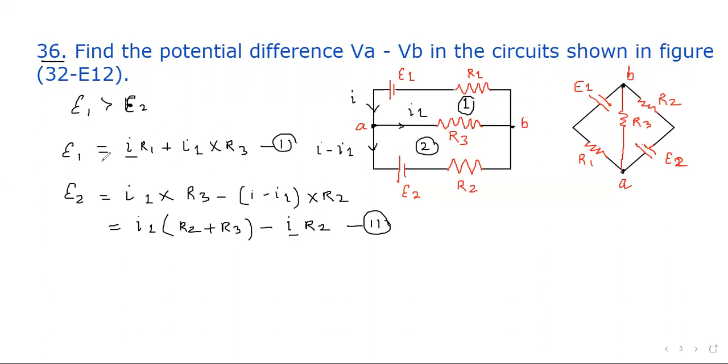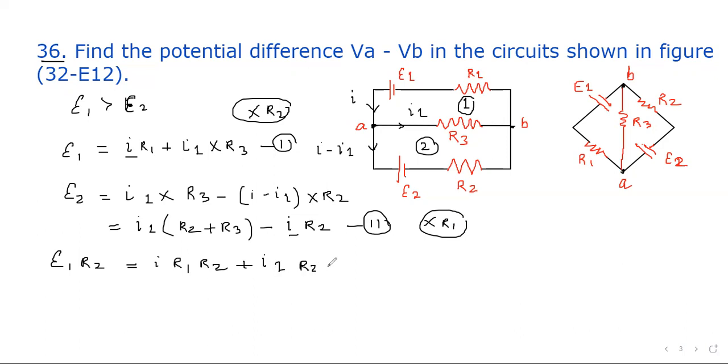We have to eliminate I from both equations. For this purpose, we multiply equation 1 by R2 and equation 2 by R1. So what do we get? We get E1 R2 equal to I times R1 R2 plus I1 times R2 R3. And the other equation becomes E2 times R1 equal to I1 times (R2 R1 plus R3 R1) minus I times R1 R2.